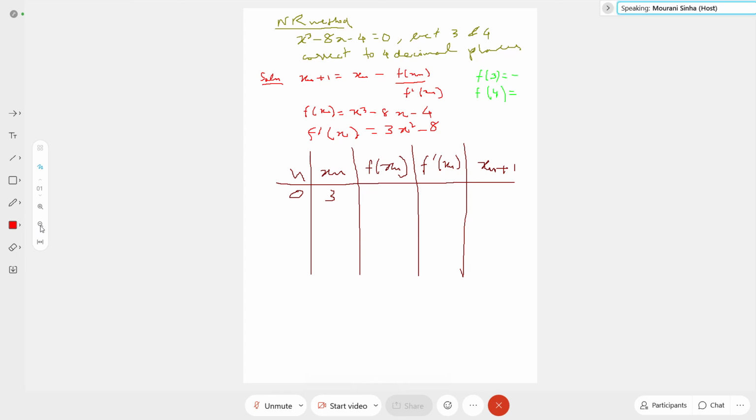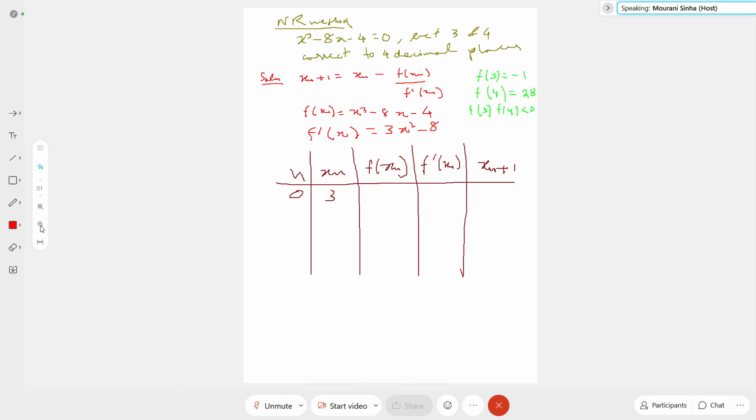That's very obvious. And F4 is 28. So now I am confirmed, only for confirmation, otherwise it's not required, that the root lies between 3 and 4. I got F3 into F4 negative, so I am on the right track.